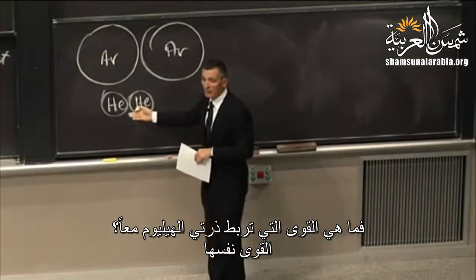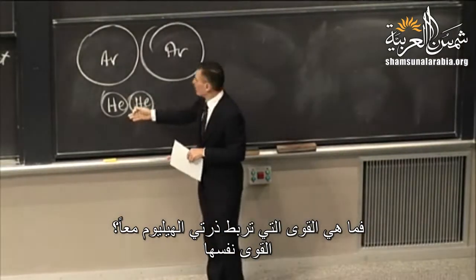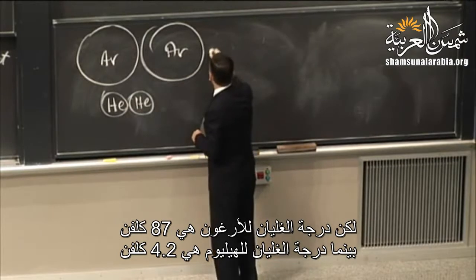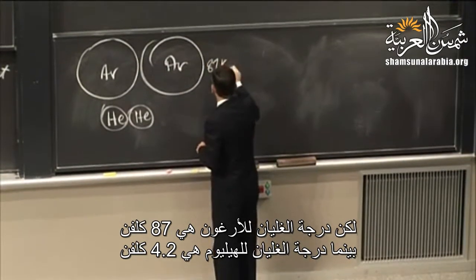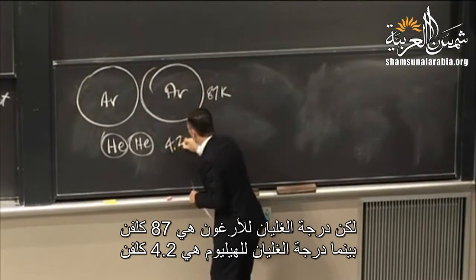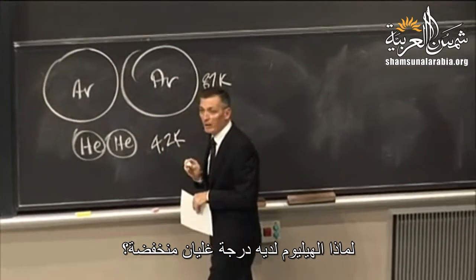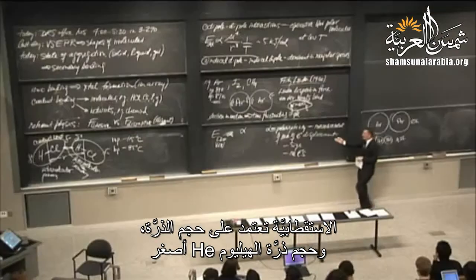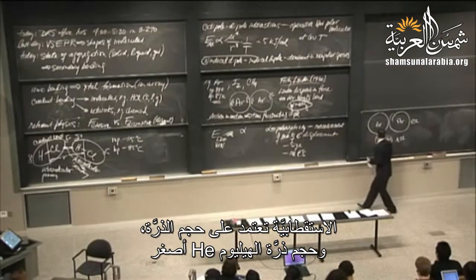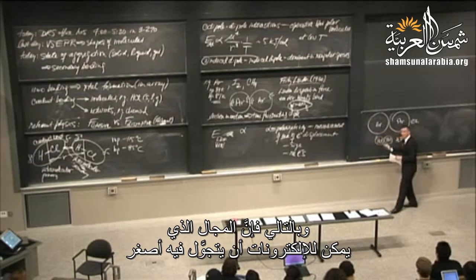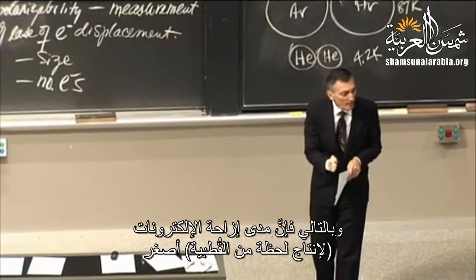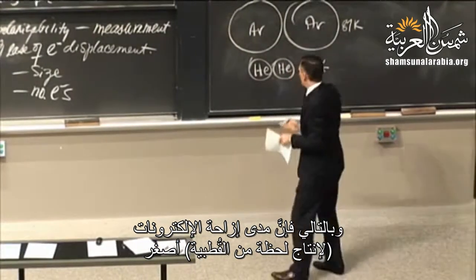So what are the forces that hold helium together? Same thing. But the boiling point here is 87 Kelvin. The boiling point here is 4.2 Kelvin. Why does this have such a low boiling point? Well, polarizability. Size: helium is smaller, so the corral in which the electrons can roam is smaller, so the extent of electron displacement is smaller.